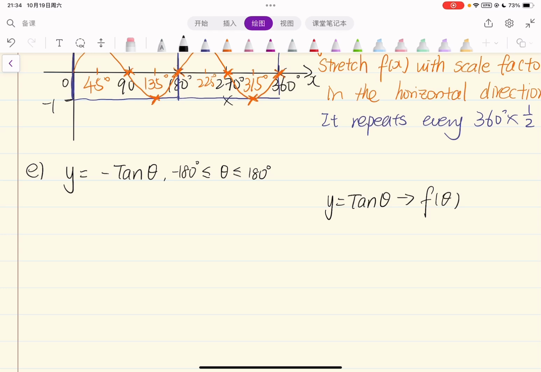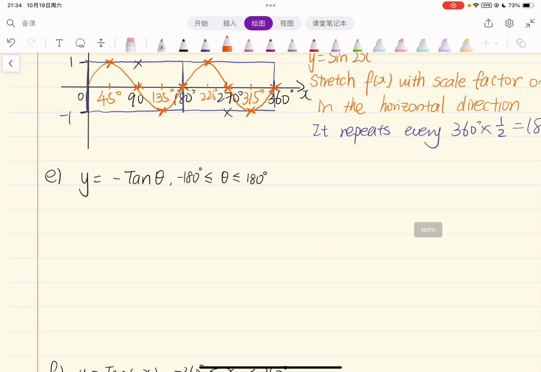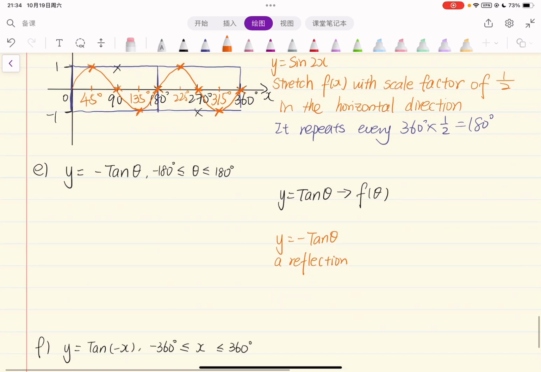And here is theta. So we have y equals negative tangent theta is a reflection of f theta in the x-axis.